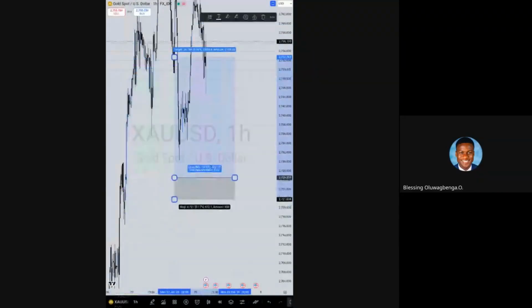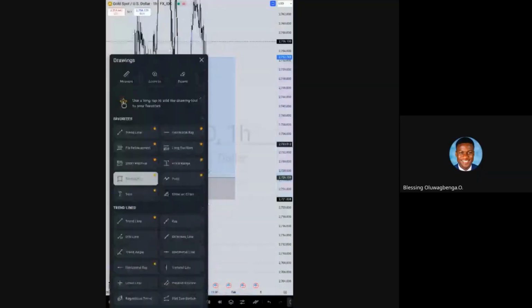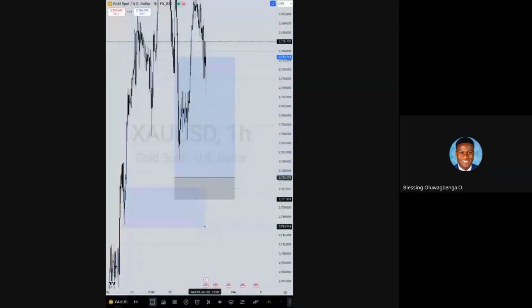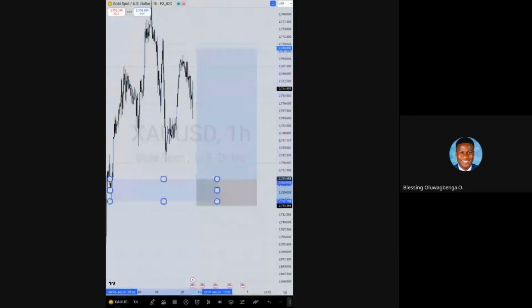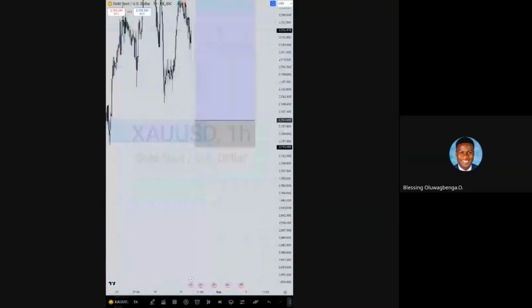Okay, let's say we want to buy from here. So we need to have our analysis before we can determine our lot size. Okay. So we are buying from here.